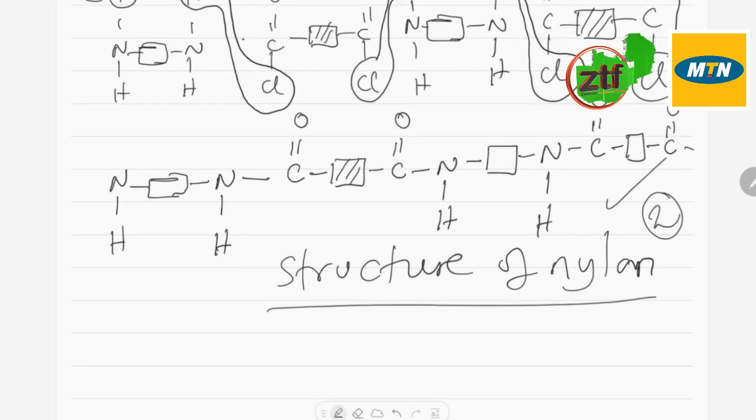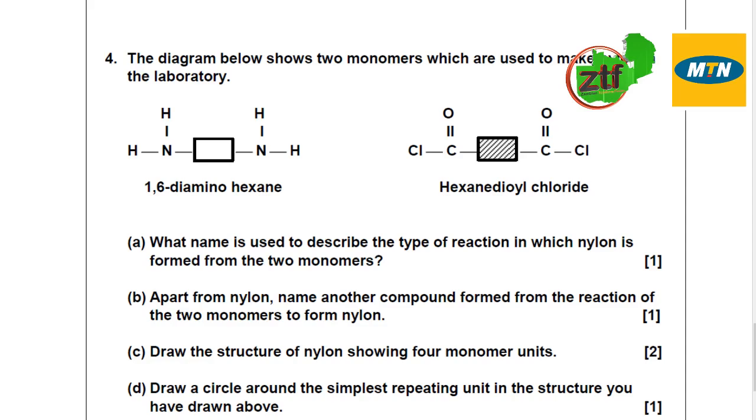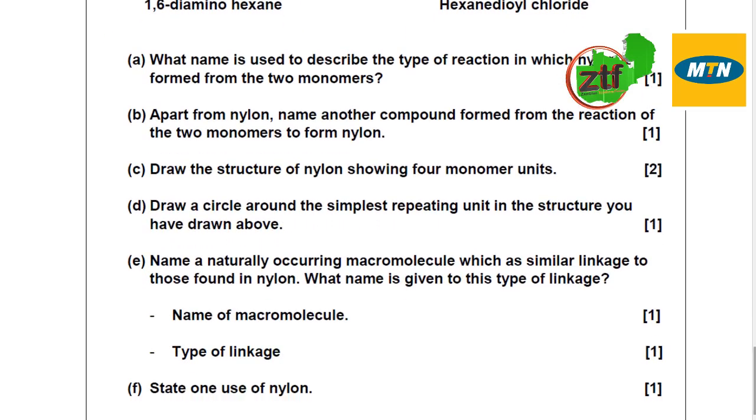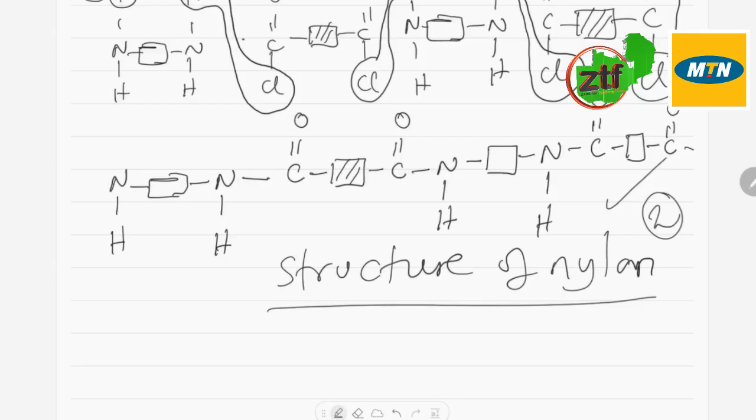Now, we can look at question D, which is a baby to question C. The question says, draw a circle around the simplest repeating unit in the structure you have drawn above. So remember, a repeating unit is formed after two monomer units have reacted together. In this case, here is the point where the reaction of one repeating unit was.